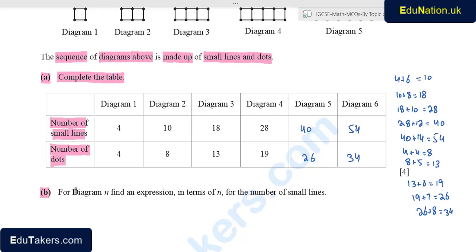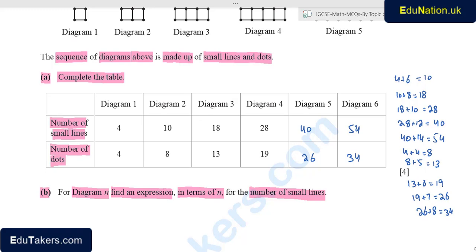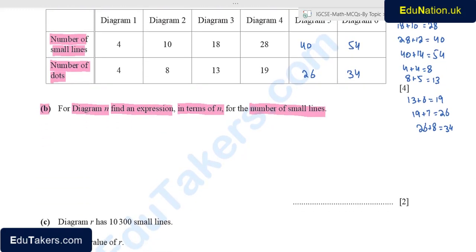Part B, for diagram n, find an expression in terms of n for the number of small lines. The sequence for the number of small lines is 4, 10, 18, 28, 40, 54.